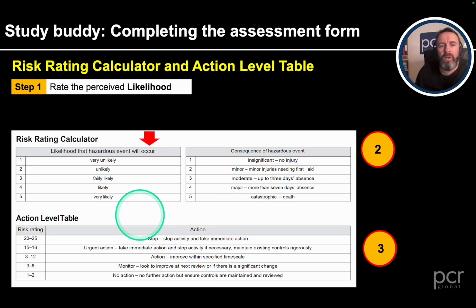Now, when we look at the risk rating calculator and the action level table, we've really got to be clear. Let's think about this. An organisation must determine the likelihood and the numbers, what they mean, the descriptors, same as the consequence, same as the action level table. The problem we have is obviously the wordage can be manipulated.